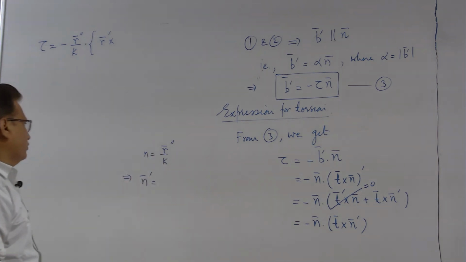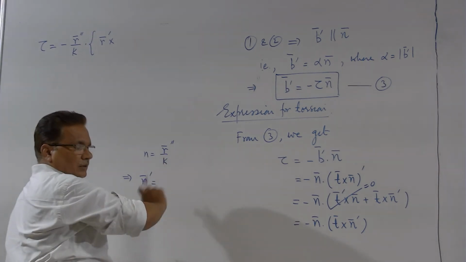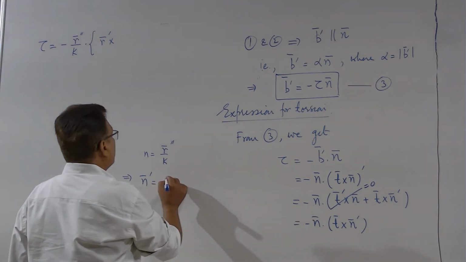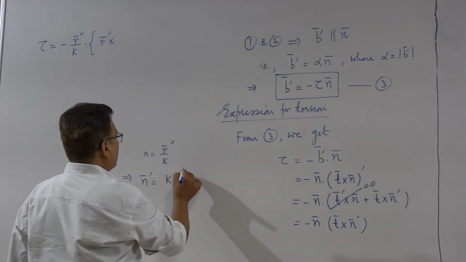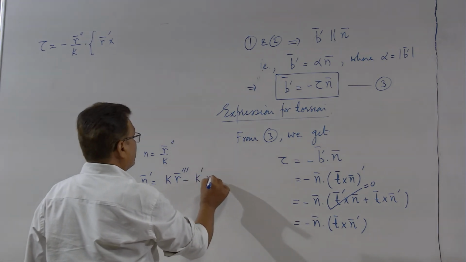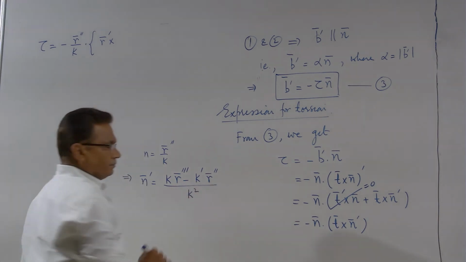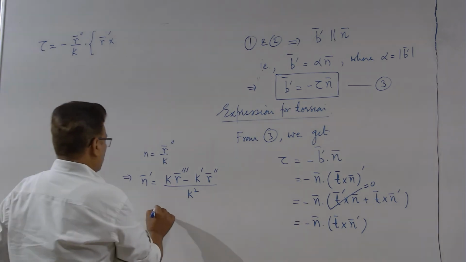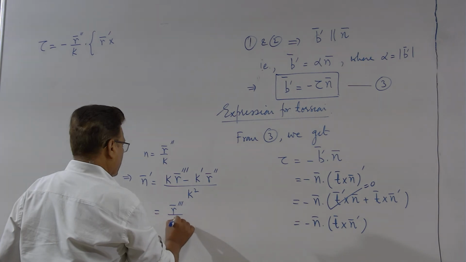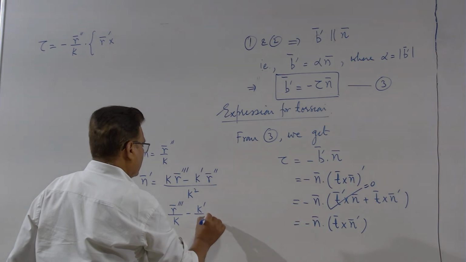This is the quotient of two functions of s. k is a function of s; at a point it is a number, but globally on a curve it will be a differentiable function. So, this is k times r triple dash minus k dash into r double dash, divided by k square, or you can also rewrite it as r triple dash upon k minus k dash upon k square into r double dash.